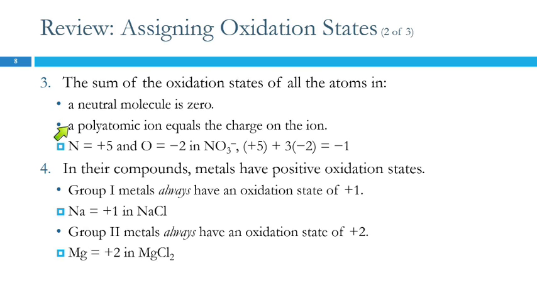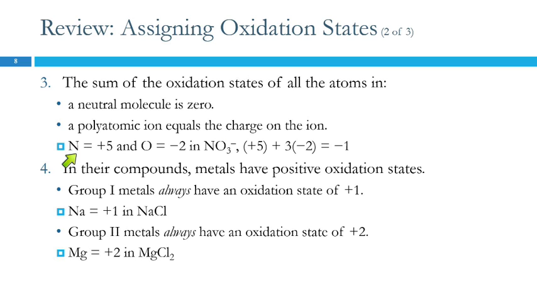If we have a polyatomic ion, this is more than one atom, but they're bonded together, and all together they have a charge, then the oxidation states of all of the atoms in there have to add up to the charge on the ion. So an example here, nitrate ion, NO3 minus.